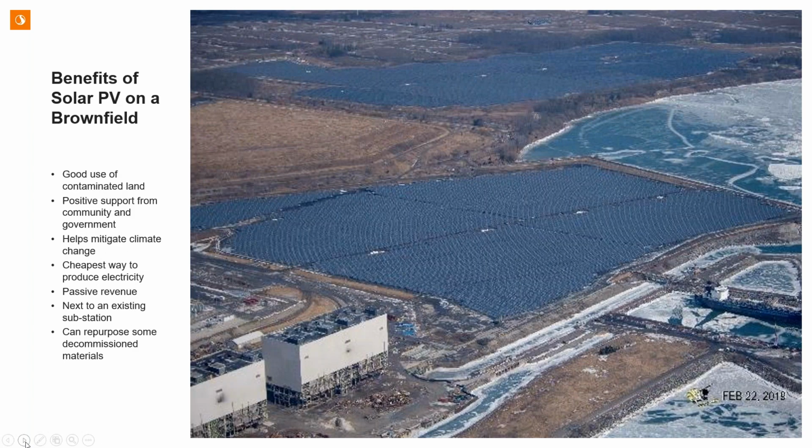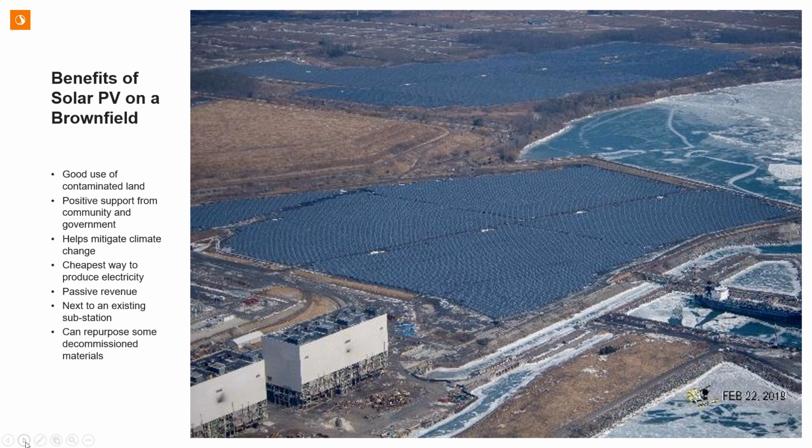Some of the benefits that we've seen with using brownfield is you can get very good reuse of contaminated lands, the soil that can normally not be used for anything else. Brownfield sites make very good locations for this. Generally, they are positively received by both the community and the government. They help mitigate climate change.